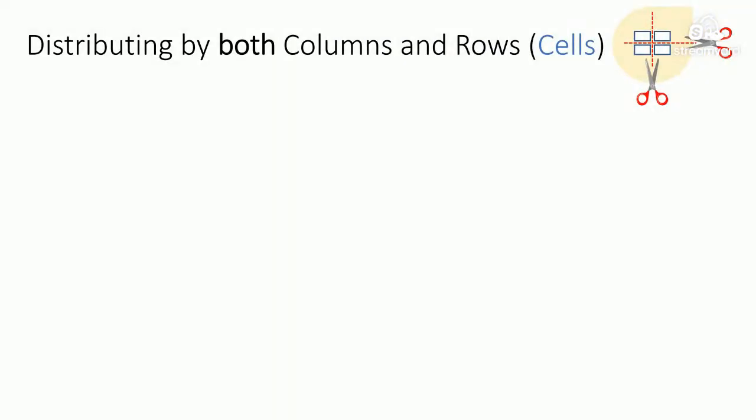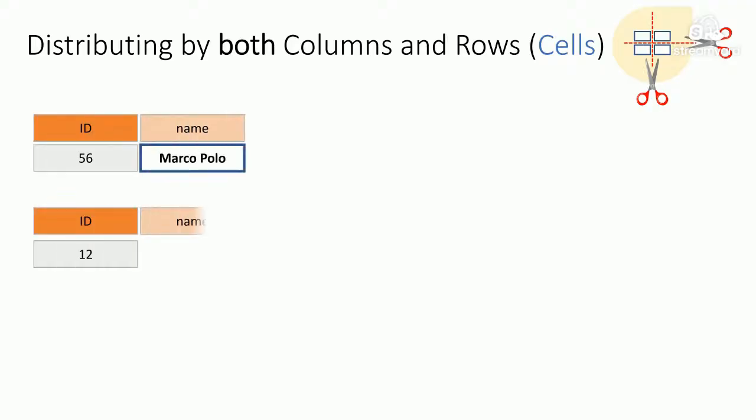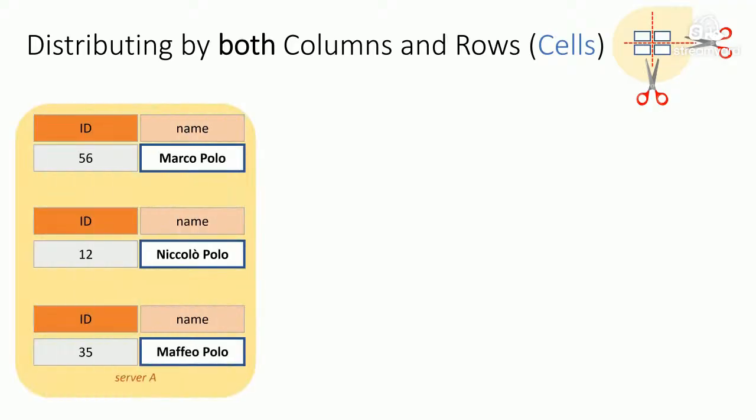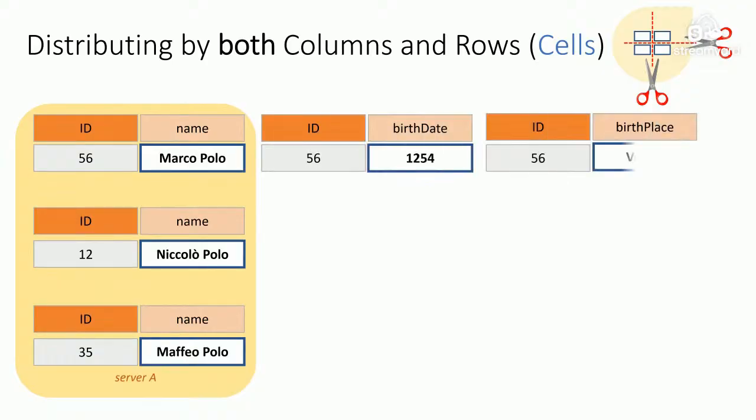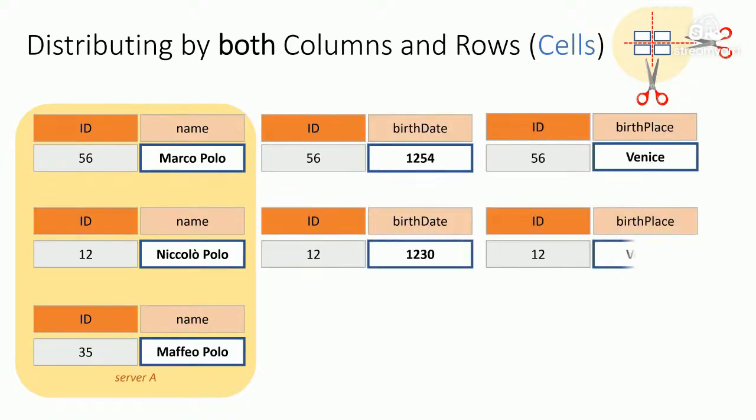Finally, we can do both things, distributing by cells. Each intersection of a row and a column, that is a cell, becomes a separate record. So server A contains some of these cells, maybe Marco, Niccolò, and Maffeo, and server B some other cells for birth date and place.